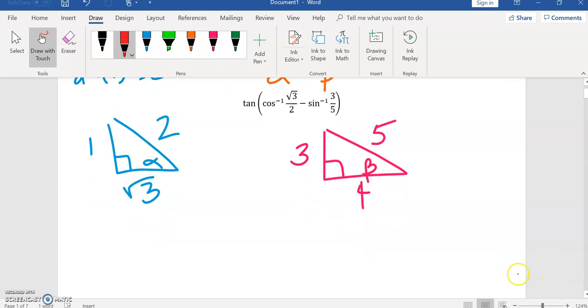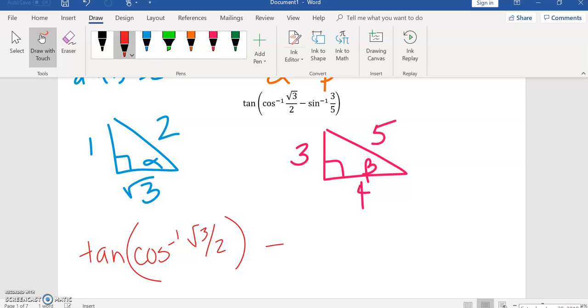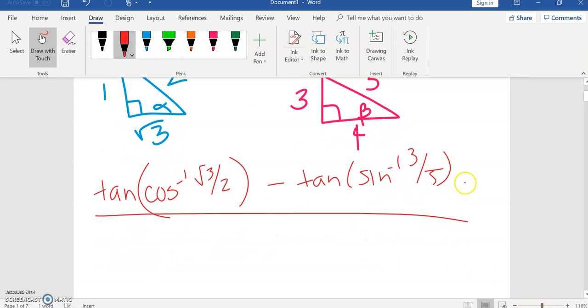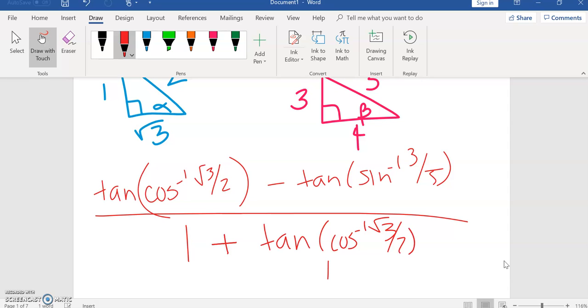Now I'm going to write out my formula. So I have the tangent of arc cosine of square root of 3 over 2, and then on the top, the sign matches, plus the tangent of arc sine of 3/5, all over, and then in the bottom, we use the opposite sign, so 1 minus tangent of arc cosine square root of 3 over 2 times tangent of arc sine 3/5.